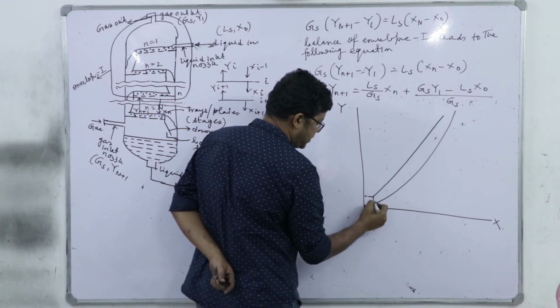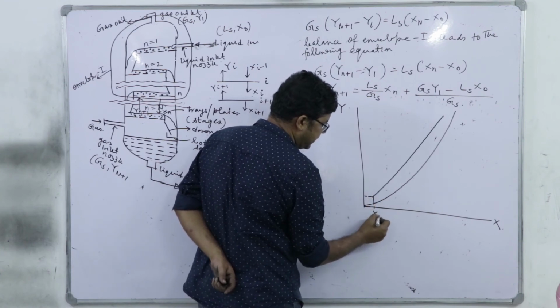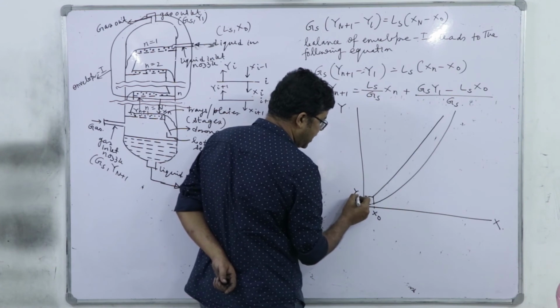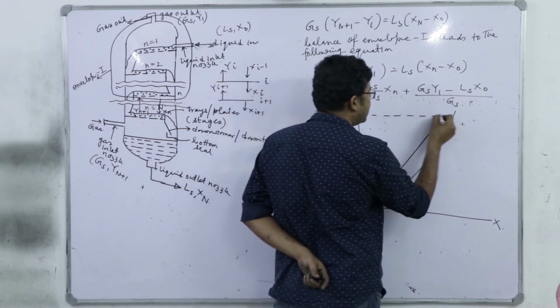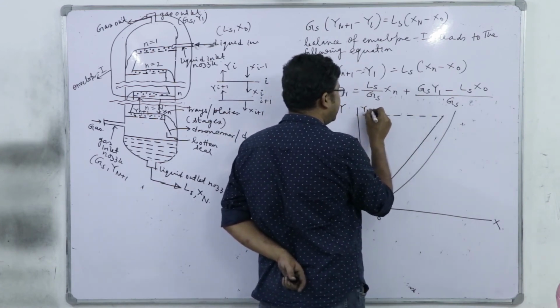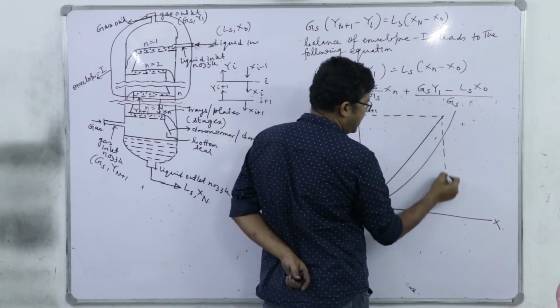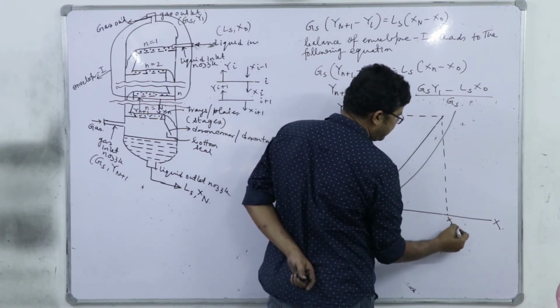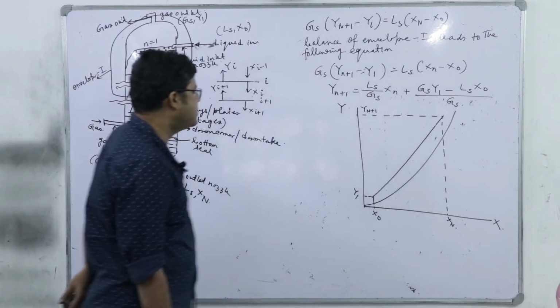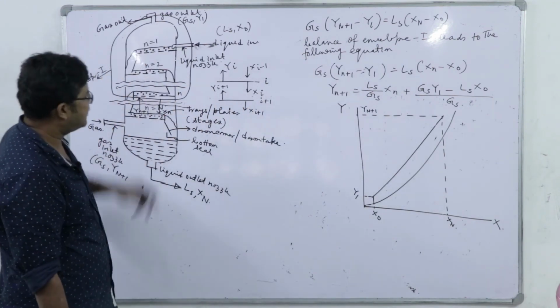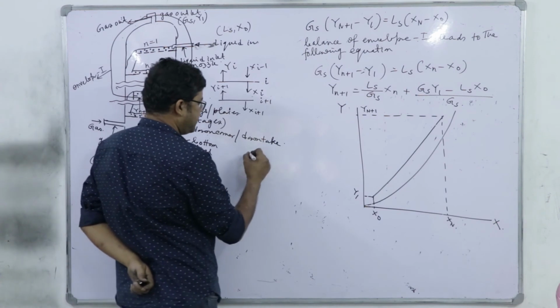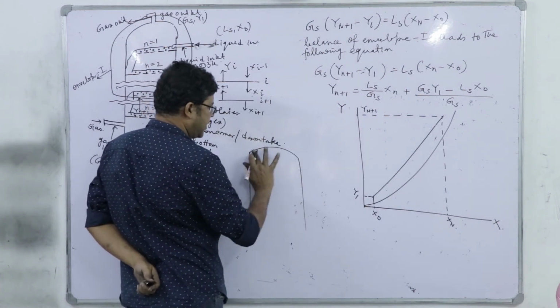Here we have this X0 and Y1, this is Yn plus 1 and Xn. Now, we are starting from the top. At the top what we have?